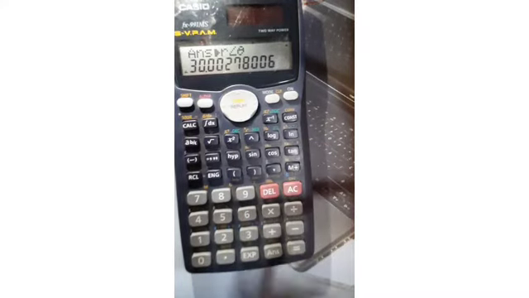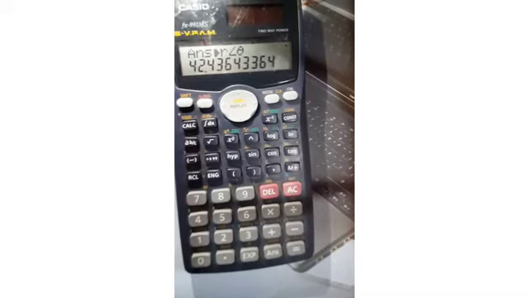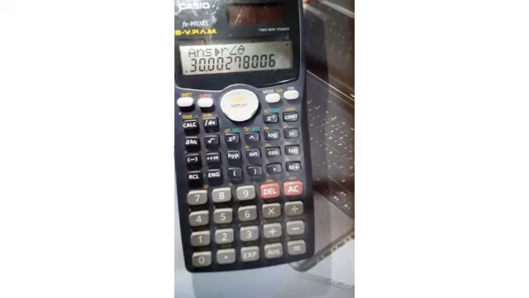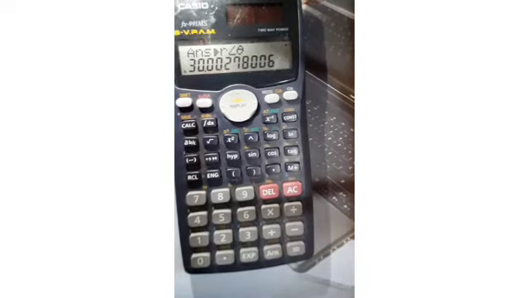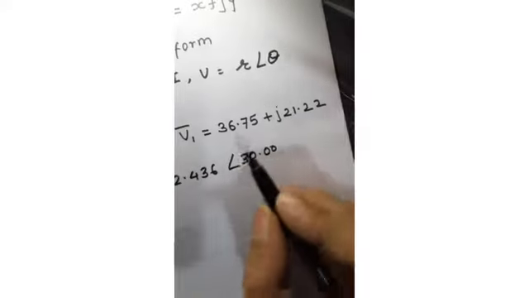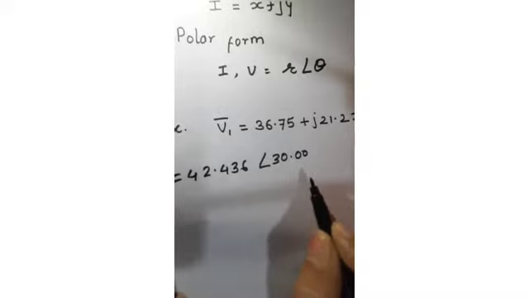Okay, so our answer is 42.436 at an angle 30.00. So this equation is converted into polar form like this.